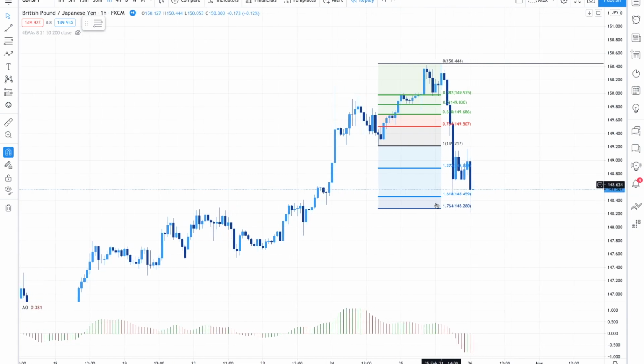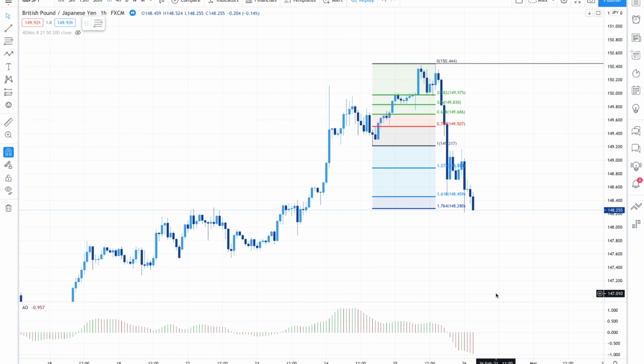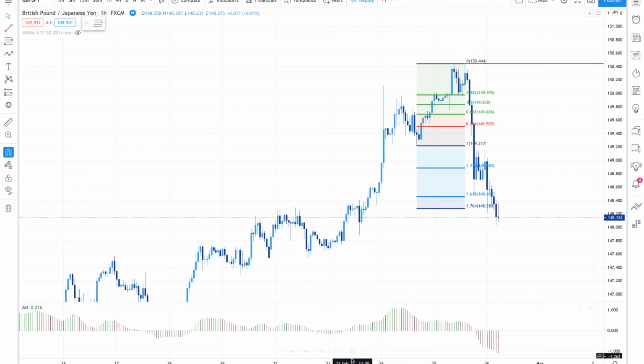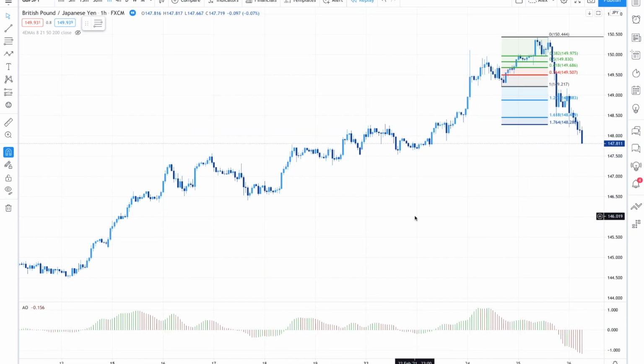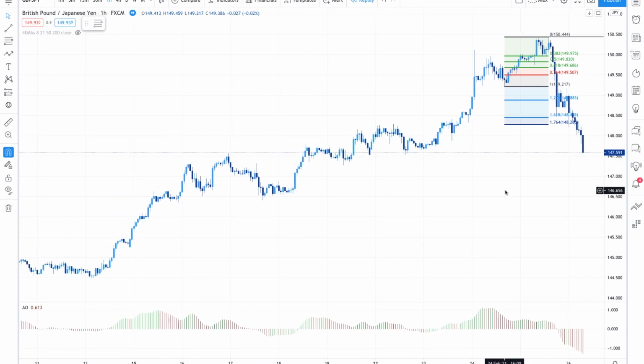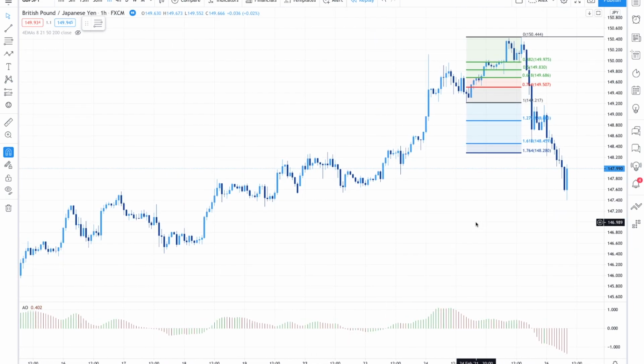So allow it to finish off the move to the downside. Is this going to keep going down, or is it going to find some support? This is where we start to question whether we are going to maintain bullish momentum, or are we just going to take out all of the previous stops and keep going, and then maybe find some support and go up.